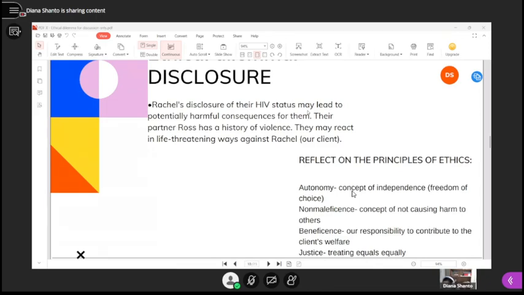Ross has a history of violence. Ross can react in life-threatening ways against Rachel. Donc, quels sont les principes qui rentrent en jeu, qui sont en conflit?